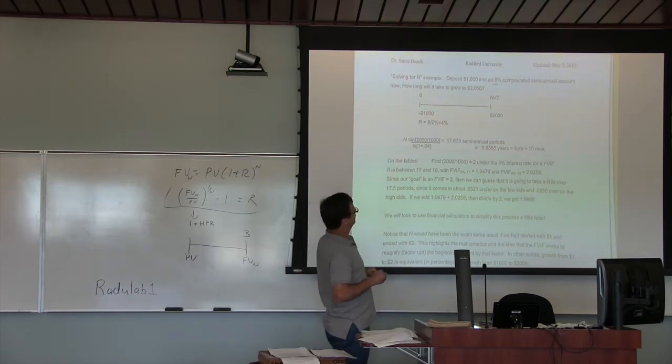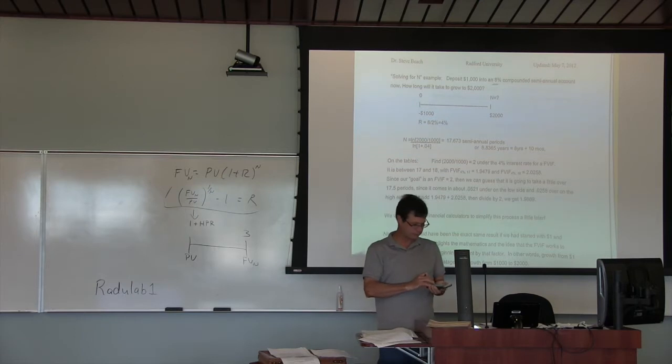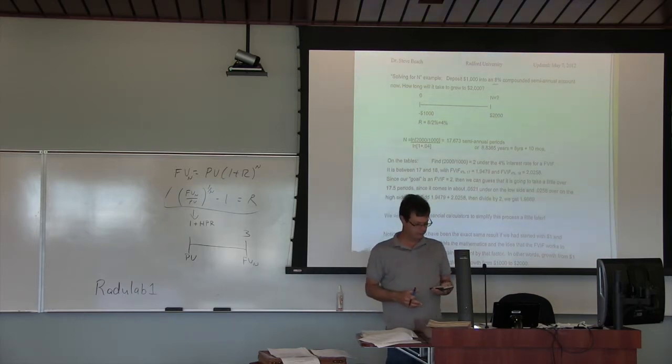So, how do we find the amount of time it takes for this to grow? Well, on the financial calculator, you'll say I invest $1,000, so minus 1,000 is the present value, 2,000 as the future value.